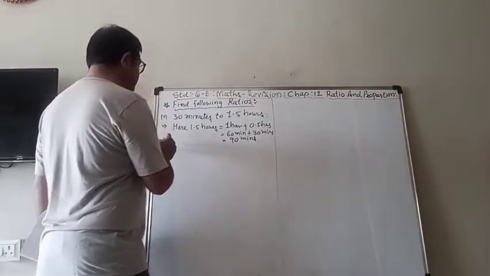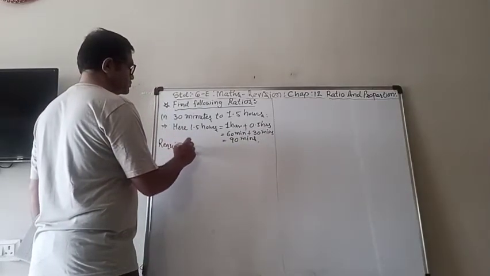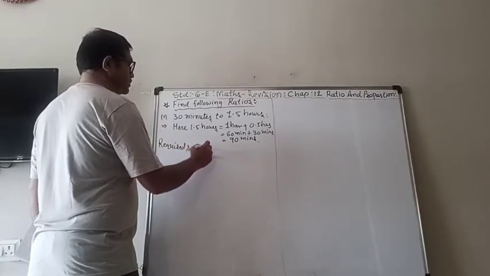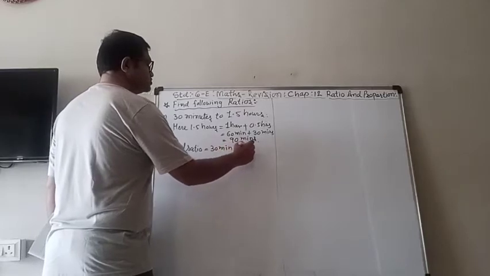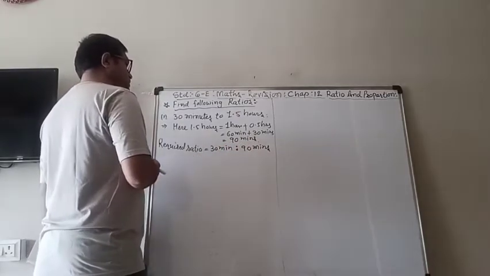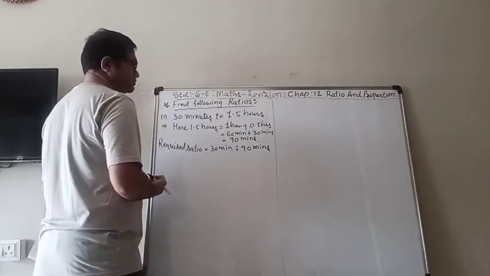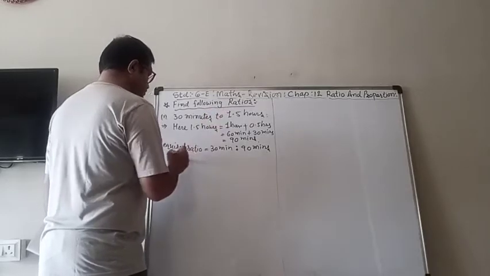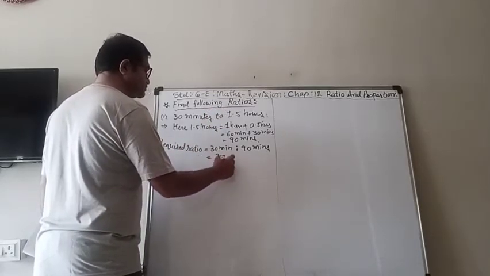So now the required ratio is equal to 30 minutes is to 90 minutes. So that is equal to 30 upon 90.